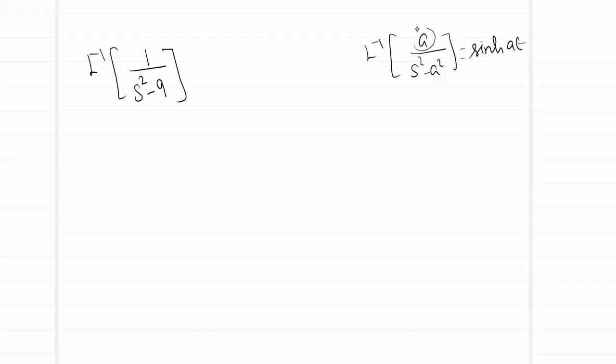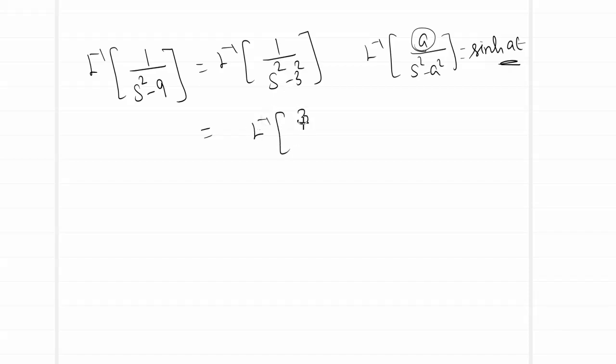So what is missing in my numerator? A is missing. So when I write this, I can rewrite this as 1 by s square minus 3 square. So in which case my numerator requires a 3 to apply this format. Since it is missing, what I do is multiply by a 3 and divide by a 3 to balance it.